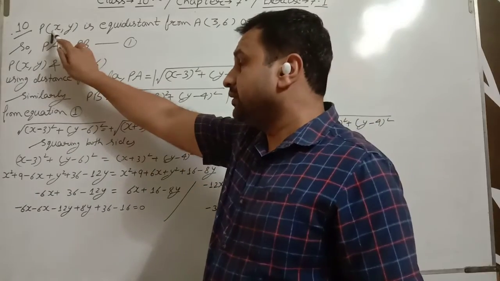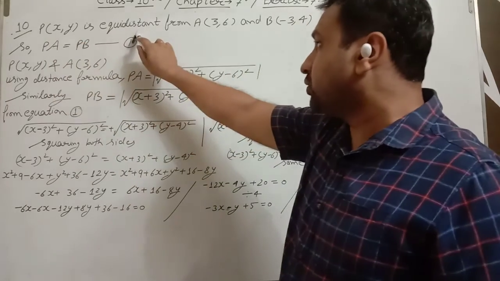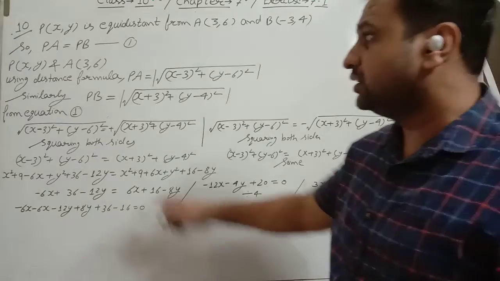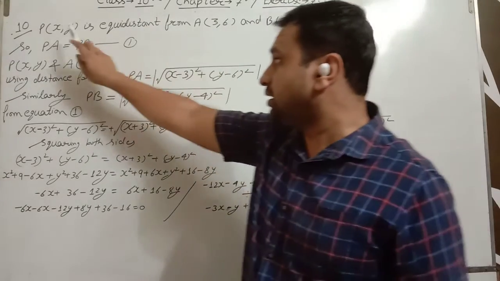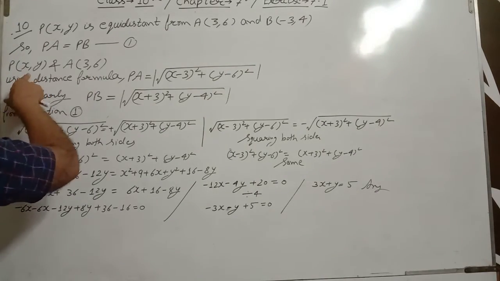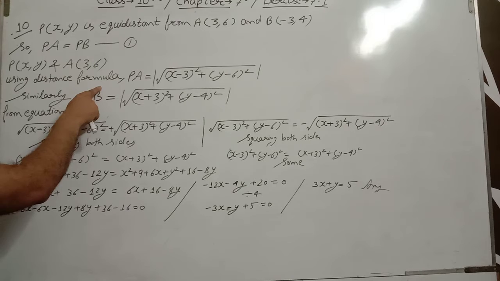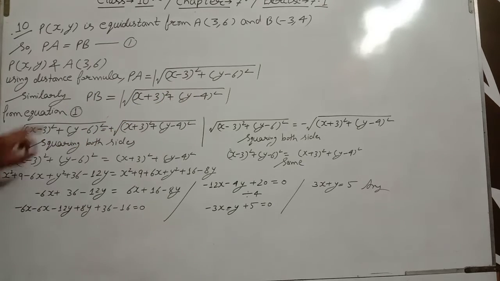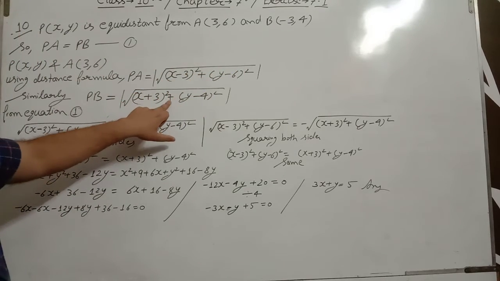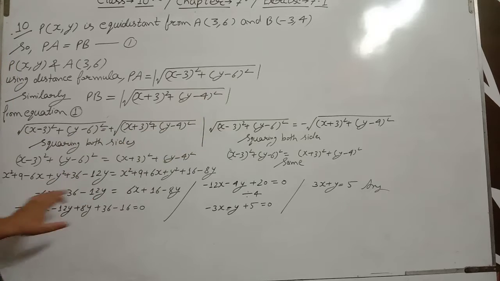So it is the same concept. This point is at equal distance from these two points. So we use the distance formula between PA and PB. Same procedure, write the coordinates of P and A using the distance formula. PA equals this, because we write the variable first, so this minus this whole square plus this minus this whole square. Similarly for P and B, (x plus 3) whole square plus (y minus 4) whole square.